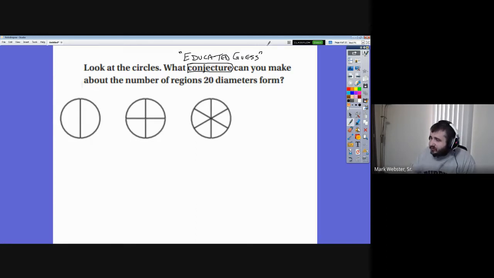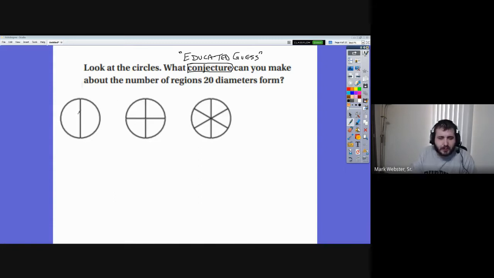And a hypothesis is, in science, an educated guess, right? So anytime you think conjecture, you can just change that word to hypothesis if you like that better. I personally do.